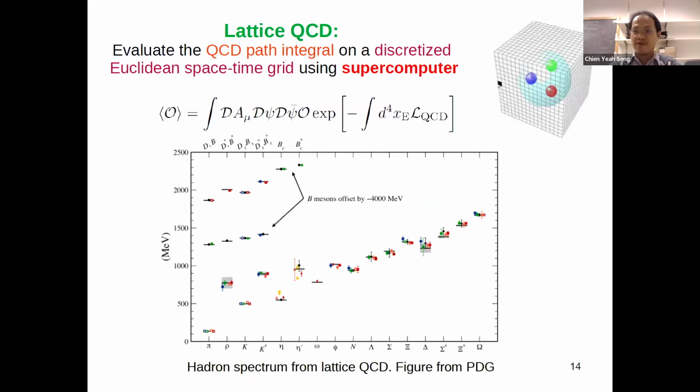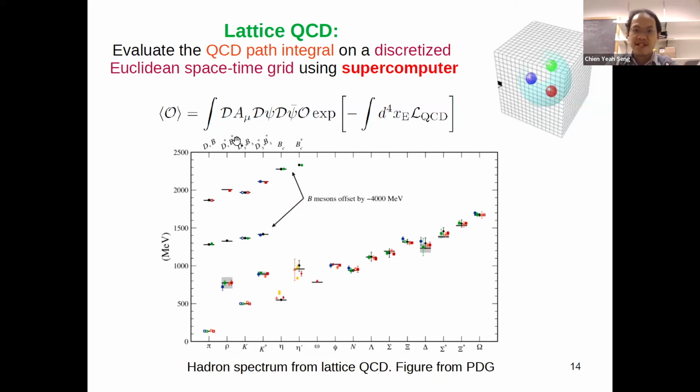And of course, people have a way to do so. If we can't do the calculation perturbatively, then we just do it non-perturbatively. This is known as lattice QCD. The basic concept is that you start from the path integral formalism by Feynman. Maybe you have learned that in the QFT course.